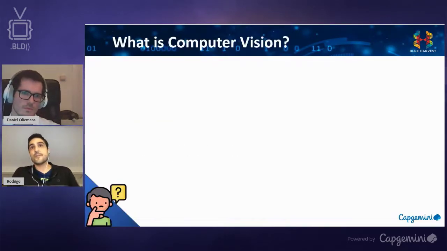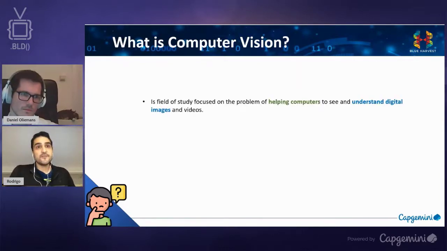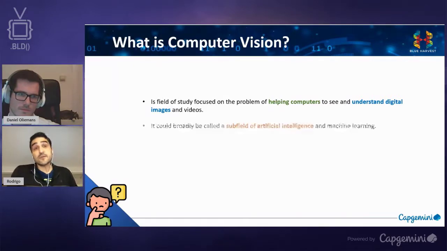So we can start telling what computer vision is. Computer vision is a field of study focused on the problem of helping computers to see and understand digital images and videos. It could broadly be called a subfield of artificial intelligence and machine learning, which may involve the use of specialized methods and make use in general of learning algorithms.